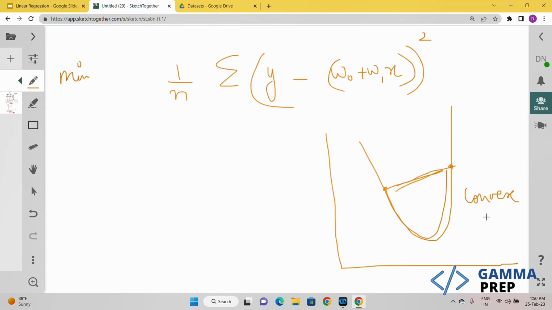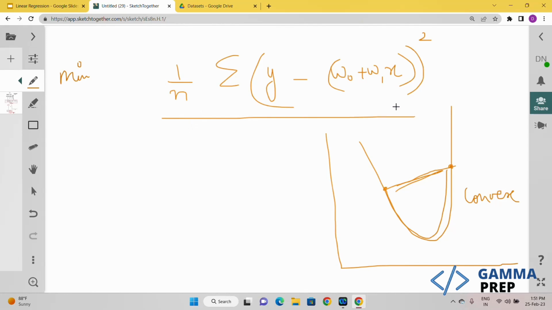If we have a convex function, then we can solve it to get the global minima, or the minimum point. In our case, the function is error. I'm not proving it, but this function is a convex function.